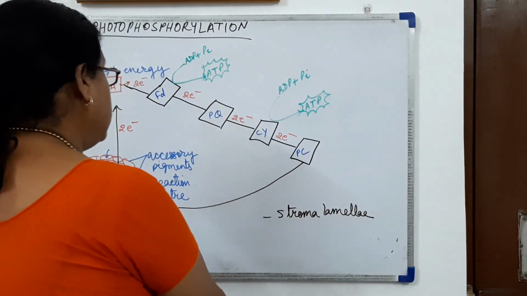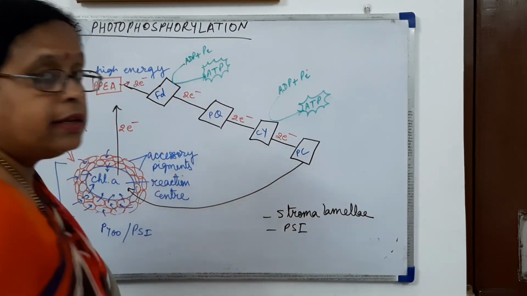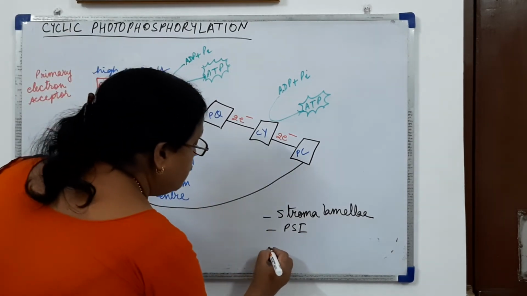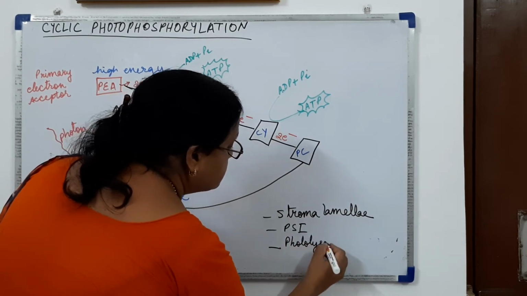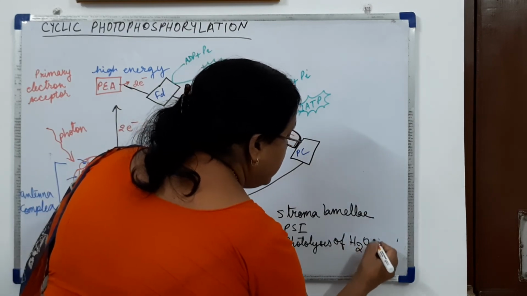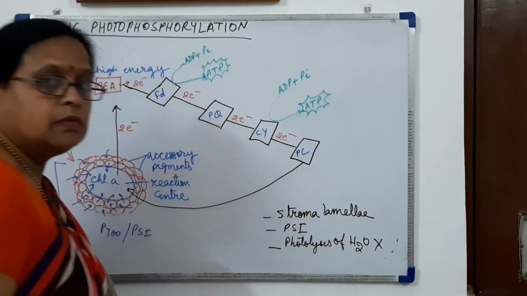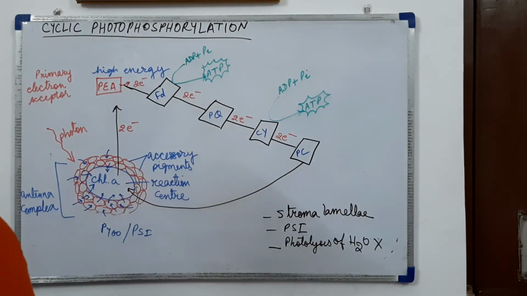It involves only pigment system 1, and splitting of water, that is the photolysis of water, is not required in this. So let's see what happens here.